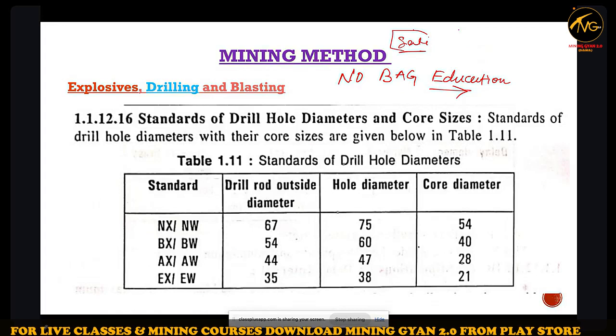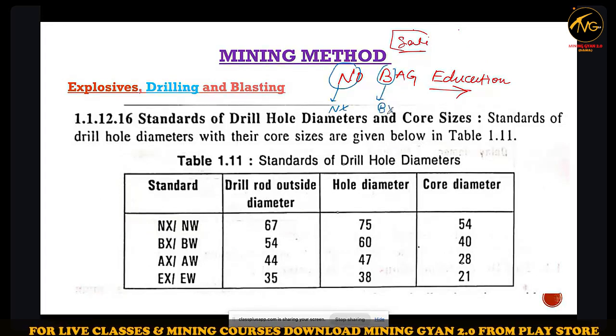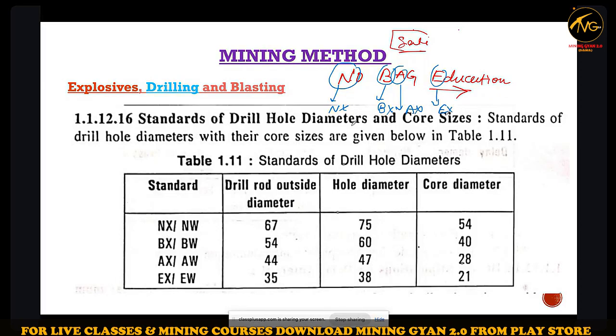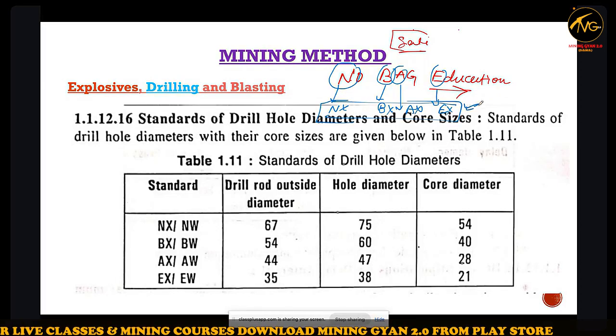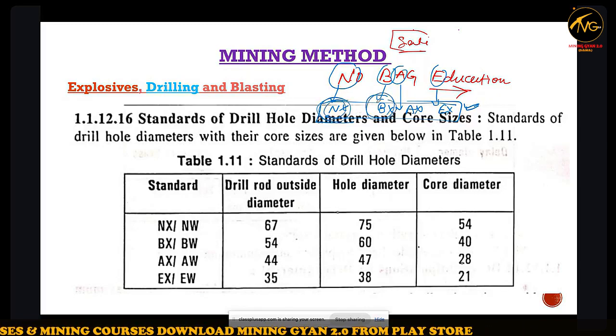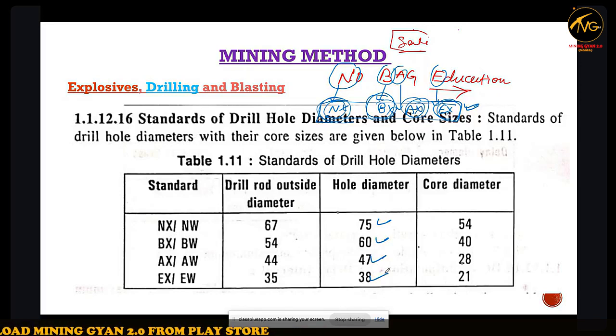N means NX, then BX, AX, then EX, which will help you in the examination to mug up the hole diameter. NX is the biggest, then BX, then AX, then EX.